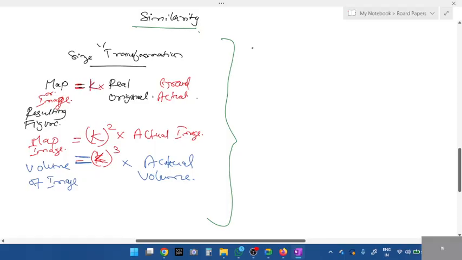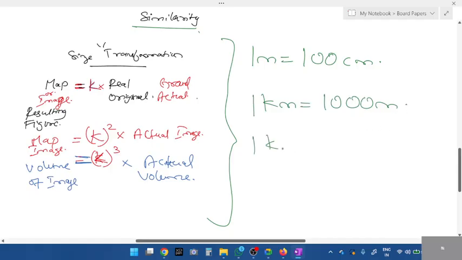Conversions are: 1 meter is equal to how many centimeters? 1 meter is 100 centimeters. 1 kilometer is how many meters, students? 1 kilometer is 1000 meters. So if I want to convert 1 kilometer into centimeters, first tell me 1 kilometer is how many meters? 1000 meters.